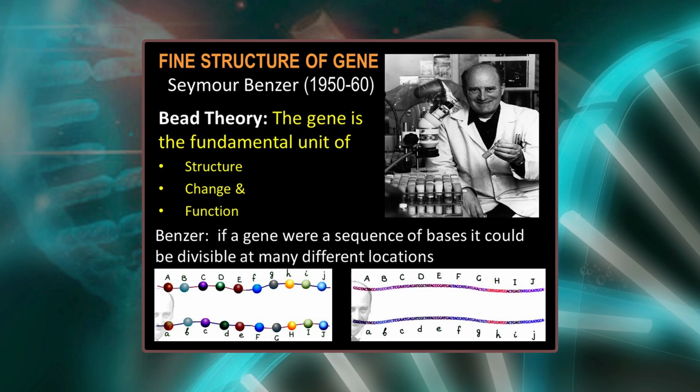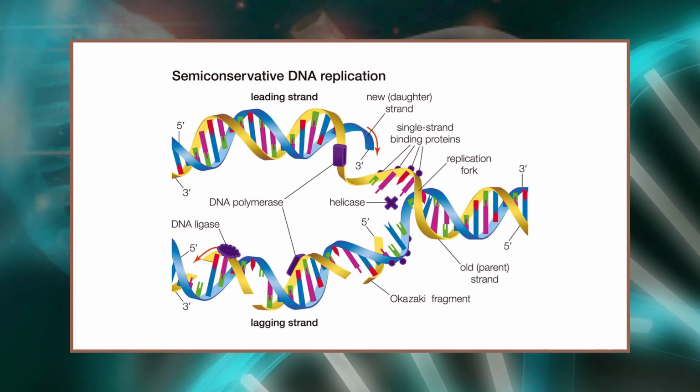Later on, Seymour Benzer in 1955 showed that the mutant sites within a gene, and genes, have a linear structure. Matthew Meselson and Franklin Stahl in 1958 for the first time experimentally demonstrated the semi-conservative model of DNA replication.